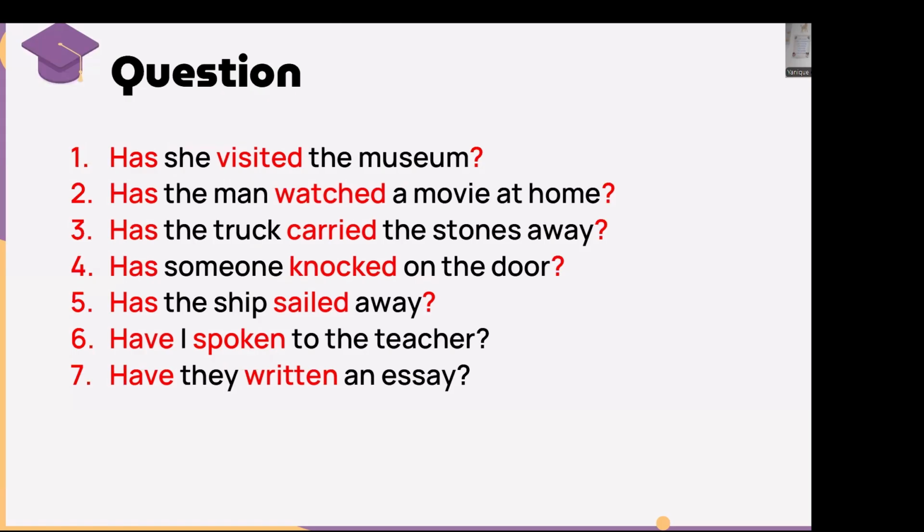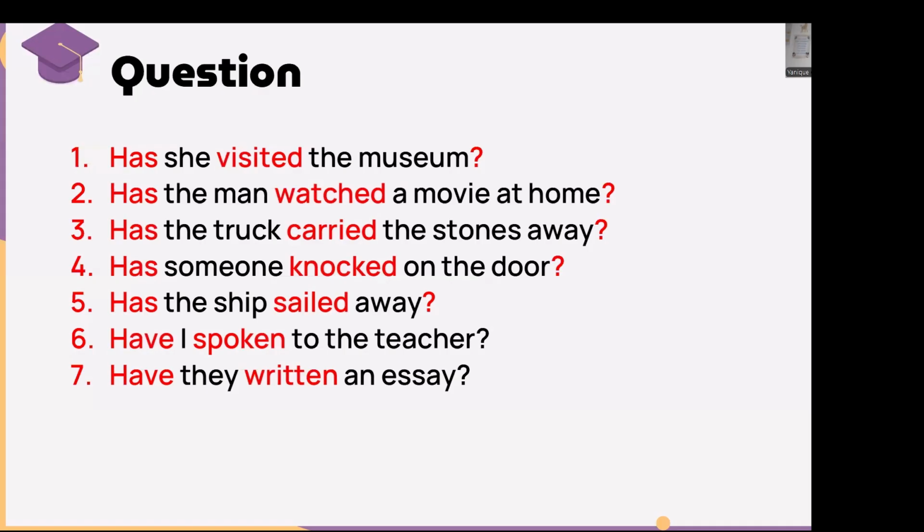Well, we have to start off with the verb to have in the correct conjugation, the subject, and then the verb in the past participle. So we're using the same sentences, okay, for comprehension's sake. Number one, we start off with has, because it's she. So has she visited the museum? Has the man watched a movie at home?